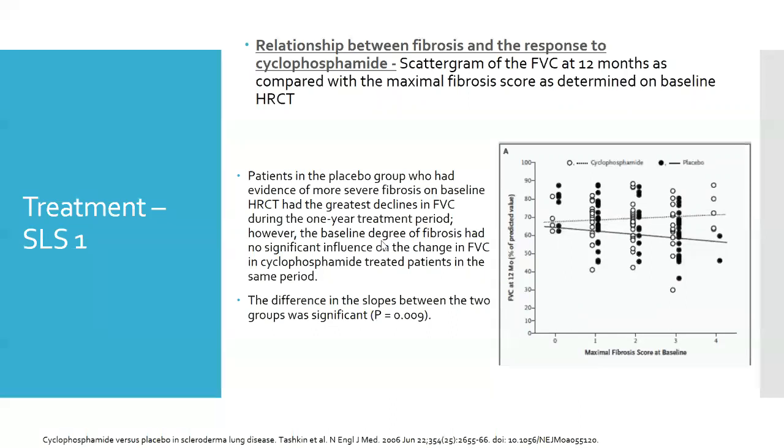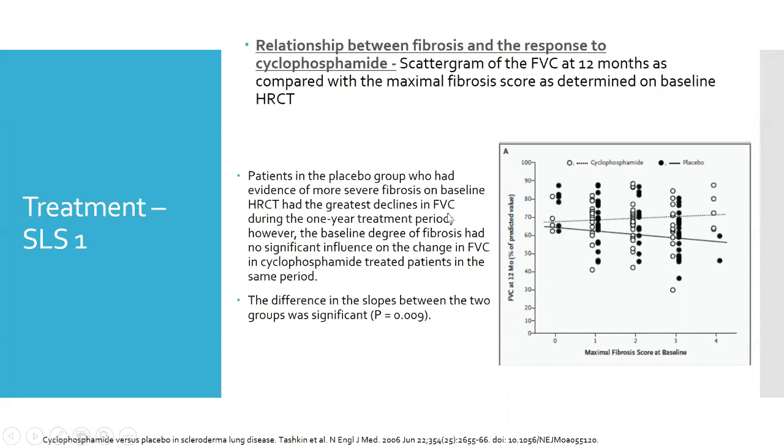The other important thing with SLS1 was the relationship between what happens with cyclophosphamide depending on the extent of fibrosis. This was a scattergram that looked at FVC at 12 months; the dotted line here is cyclophosphamide, and this is the placebo line.